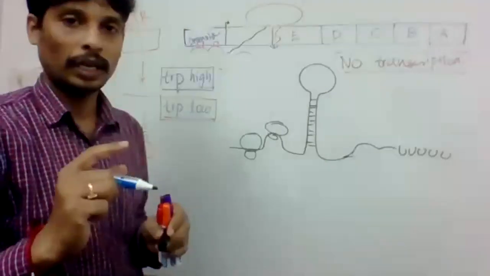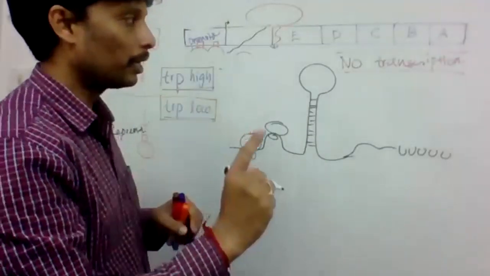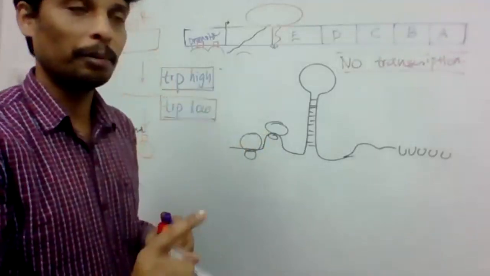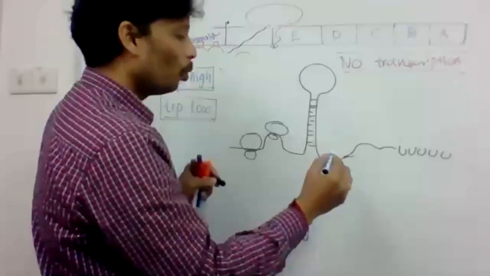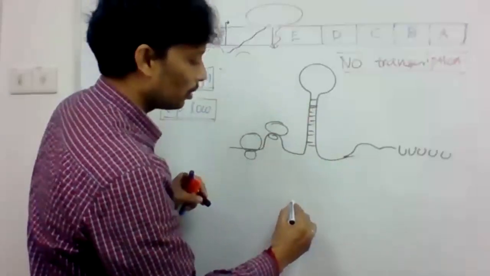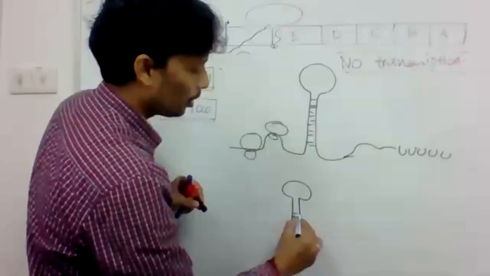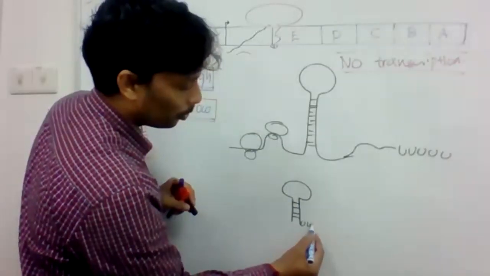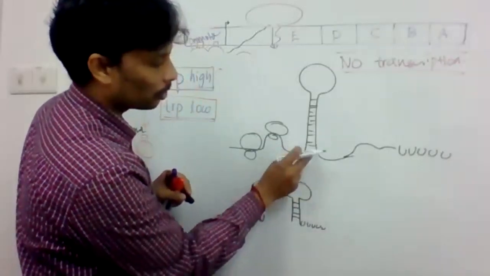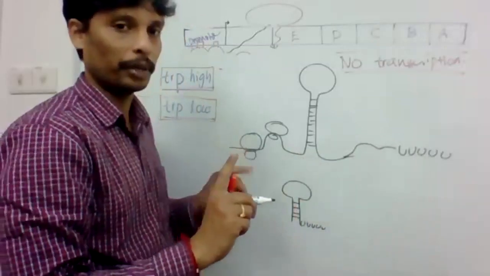As I was telling multiple times, the rho independent terminator acts as a terminator to detach the RNA polymerase from transcribing only when it has a stem loop immediately followed by poly U. If it is a stem loop structure and after a few nucleotides there is poly U, it will not act as a rho independent terminator.